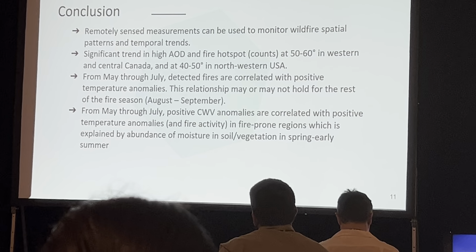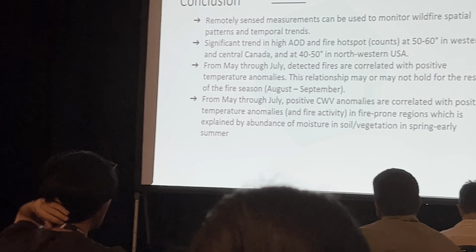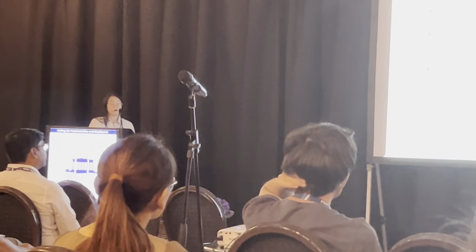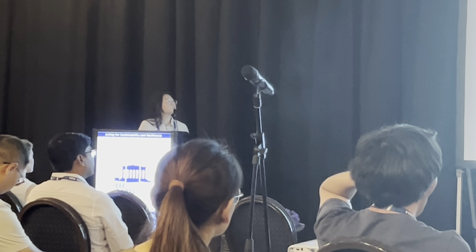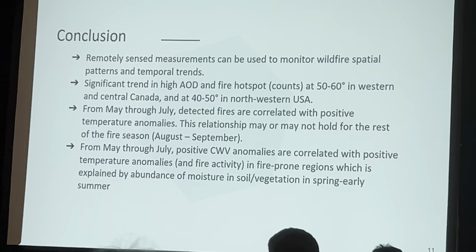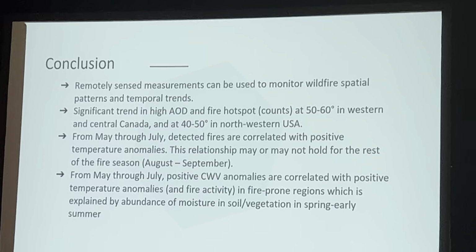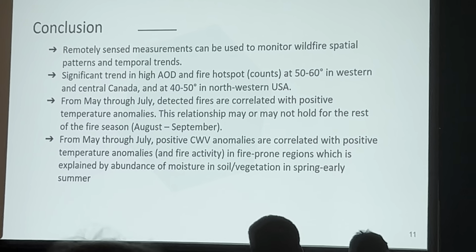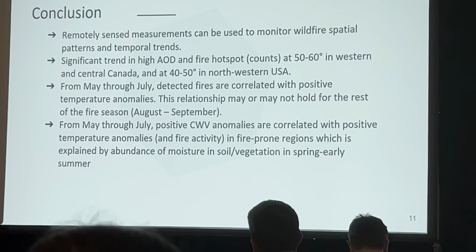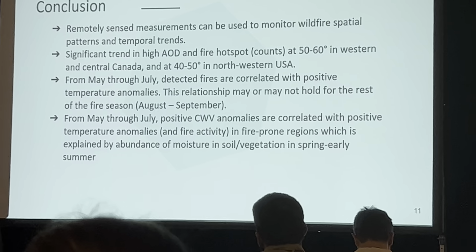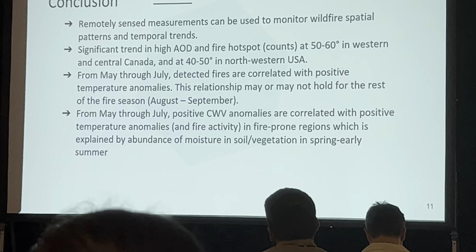Further, we identified that from May to July, there is a correlation between the positive surface temperature anomalies and fire activities. However, it is not clear that this finding still holds for the rest of fire season from August to September.